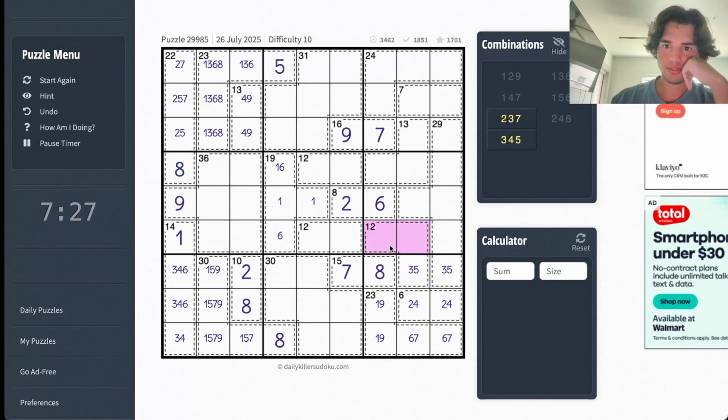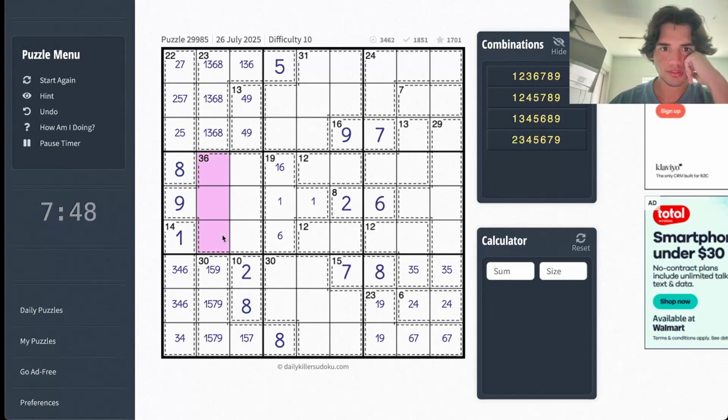So it's either 3, 2, and 7, or 3, 4, 5 in some combination. 2s have to go here somewhere. 2s and 4s have to go somewhere, but we don't know the last digit. Ones have to go.